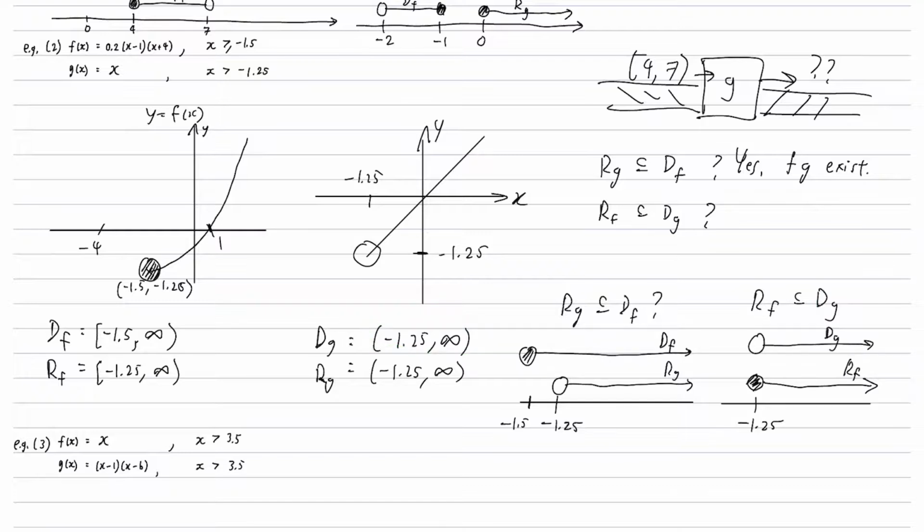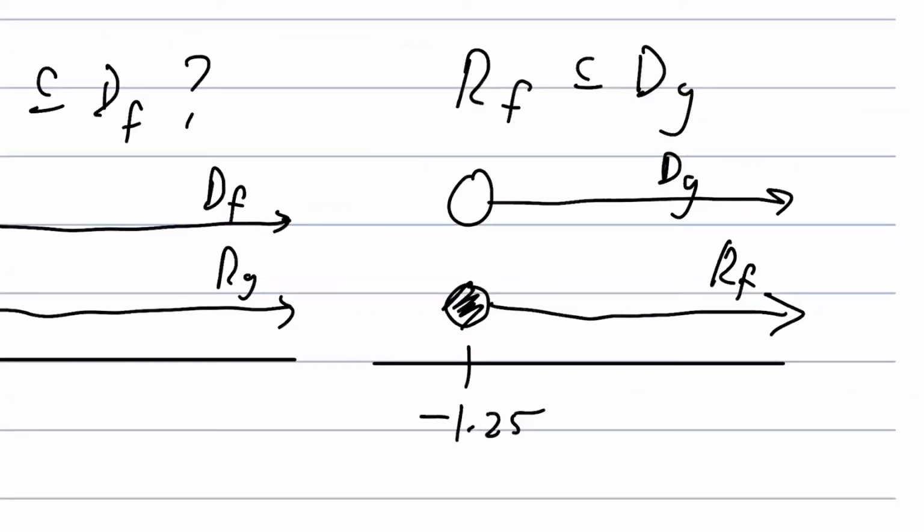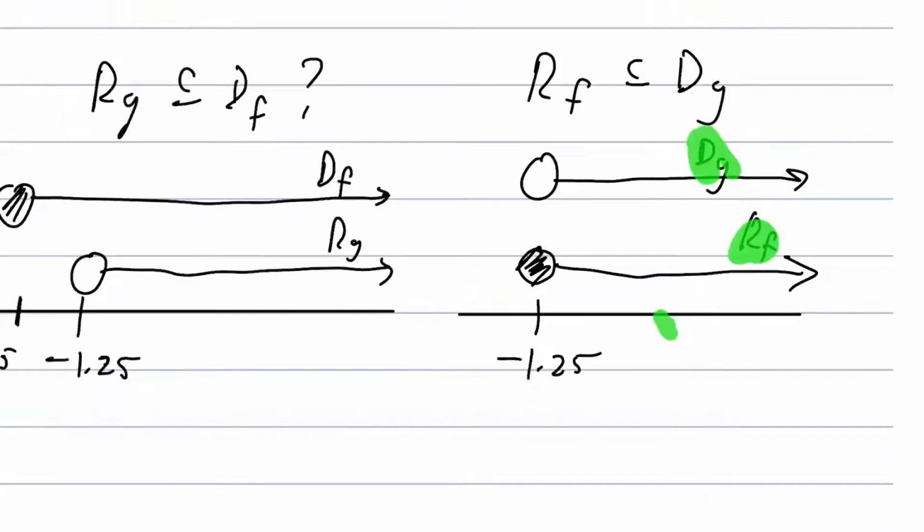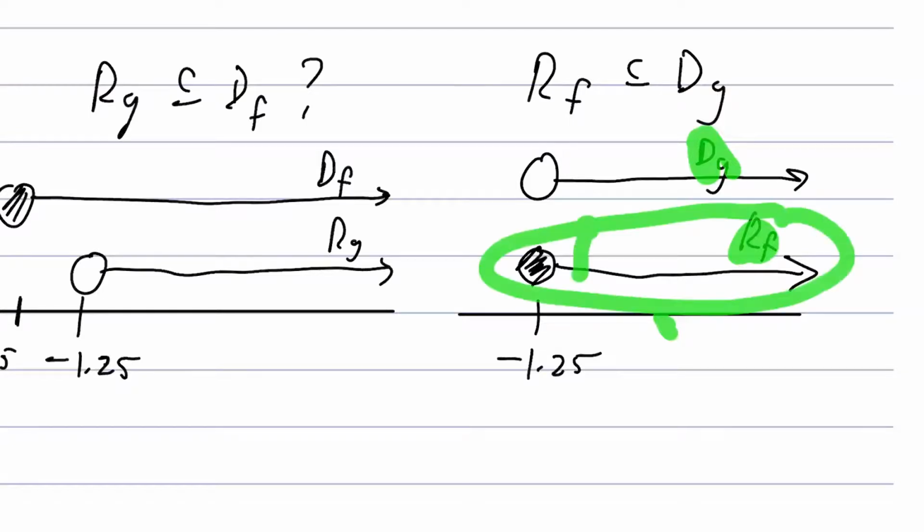So question, is RF a subset of DG? No. Why? Because DG is not shaded. Yes, correct, it's not shaded. When you say that RF is a subset of DG, it means that all values that are in RF must be inside DG.